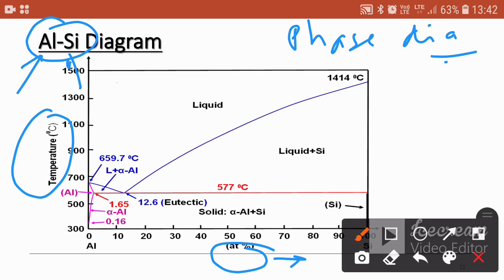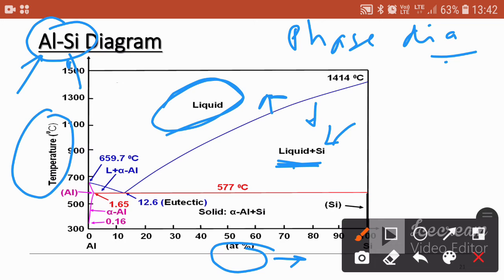You can see here the liquid phase is present, meaning above this line all the metal is in the liquid state. Below this line you will see liquid plus Si, so silicon precipitates or solidifies here. Then you can see here complete solid metal is present, alpha aluminum plus silicon.